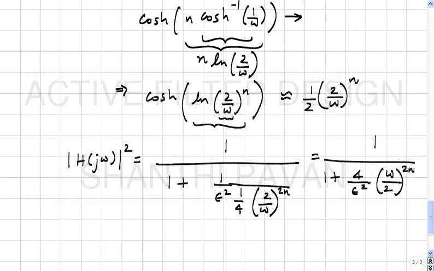But the key point to note is that at omega equal to 0, you have maximally flat behavior, the kind of maximally flat behavior you can expect for an all pole filter, which is the same as the Butterworth approximation. So it is only approximately like it. The only thing we are doing is evaluating the behavior in a small region around omega equal to 0, which is what we did for the Butterworth anyway, correct?